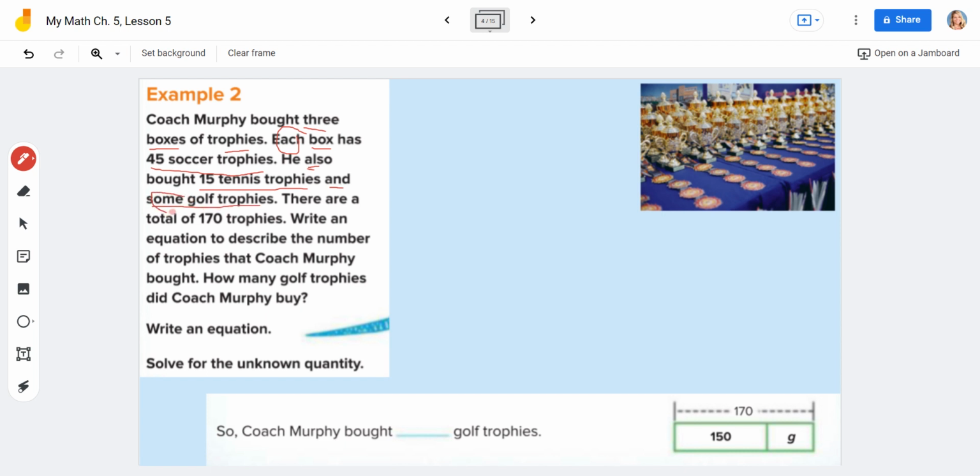Now I don't know how many golf trophies, so I'm thinking that is going to be for my variable. Yes, that's where my variable is going to go. And it says there are a total of 170 trophies. Write an equation to describe the number of trophies that Coach Murphy bought. How many golf trophies did Coach Murphy buy?